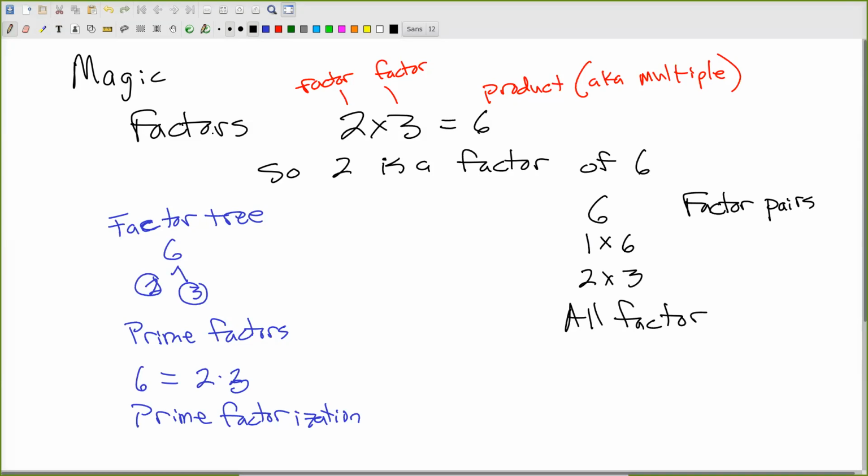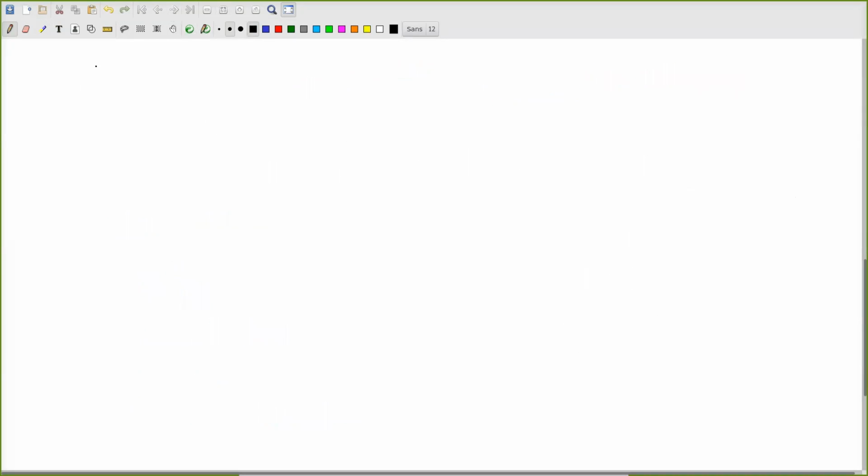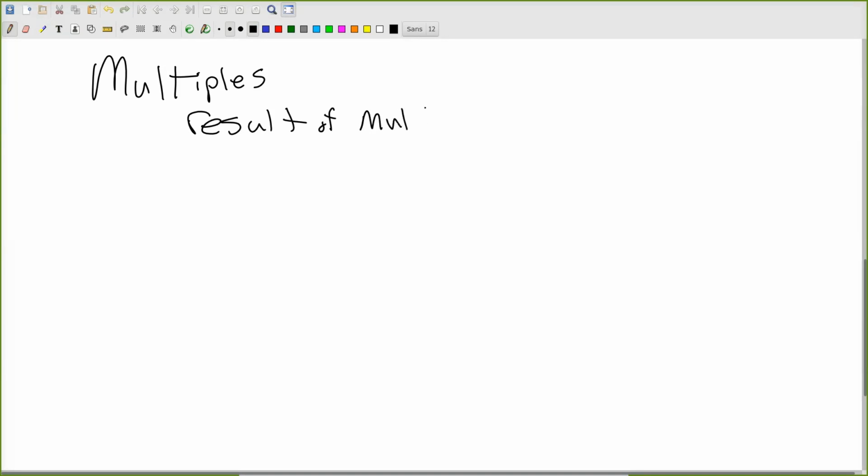Now, factors go hand in hand with multiples. We can't have one without the other. And so multiples are when we multiply. So it's just the result of multiplying. And unlike factors, where for any number there's a finite set of factors, for multiples they go on forever.